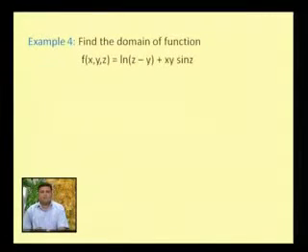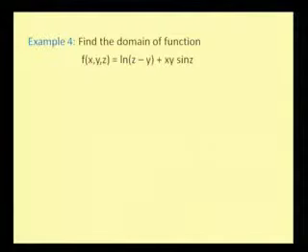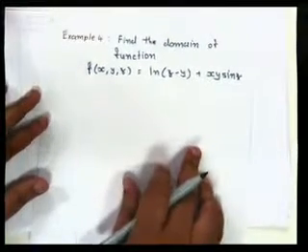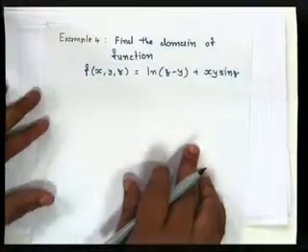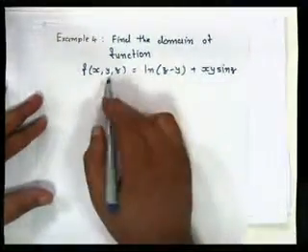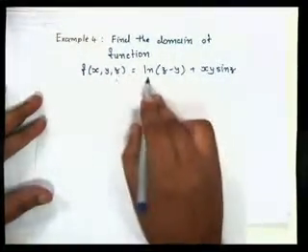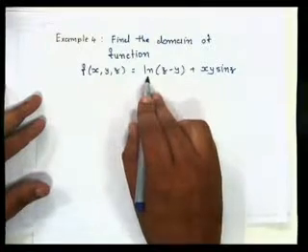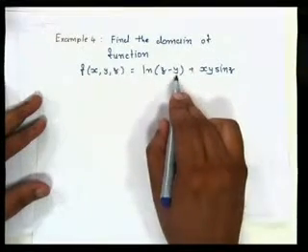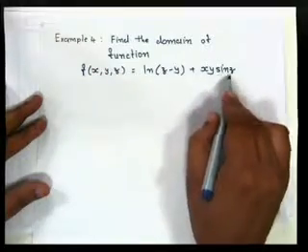Next. So let us see one example for finding the domain for a function of three variables. Now in a function of three variables, our domain is in space, right, it is not in the plane. See, a function f of x, y, z is equal to log of (z minus y) plus xy sin z.